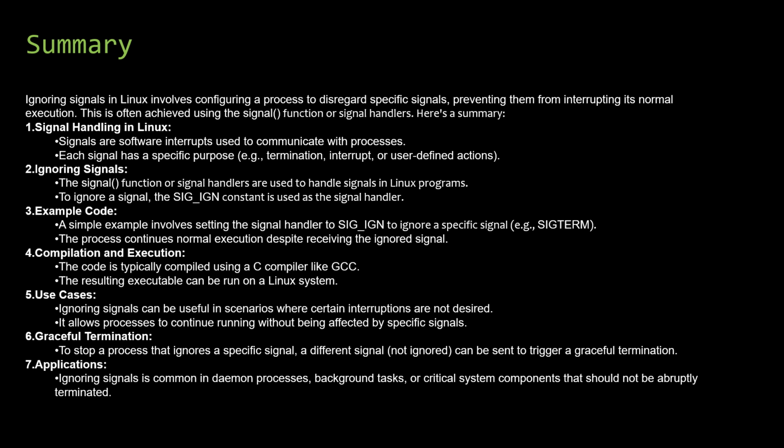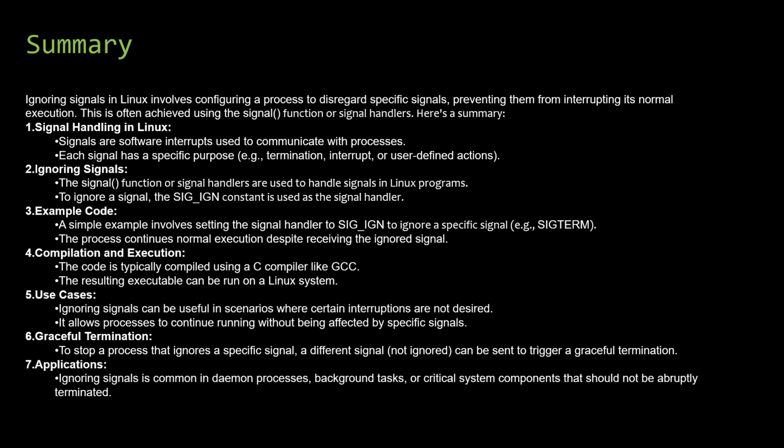The signal function or signal handlers are used to handle signals in Linux programs. To ignore a signal, the SIG_IGN constant is used. Then we looked at some example code. The simple example we saw sets the signal handler to SIG_IGN to ignore the specific signal. The process continues normally, which is our while loop, despite receiving the ignored signal. Then we compiled our code using a C compiler and we ran it on our Ubuntu system.